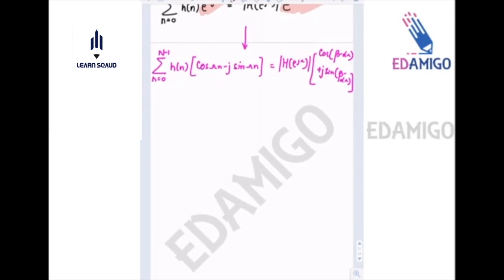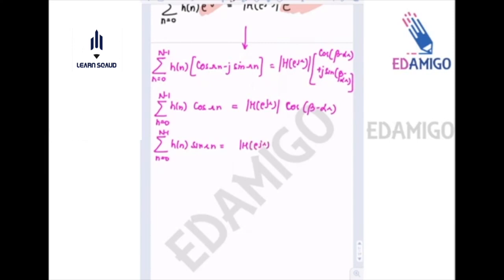Now comparing the real and the imaginary part, we will get the summation n equal to 0 to N minus 1 of h(n) cos of σ n is equal to the magnitude times cos of (beta minus alpha σ), and the summation of h(n) sin of σ n is equal to the magnitude times minus sin of (beta minus alpha σ), so there is a minus sign also.